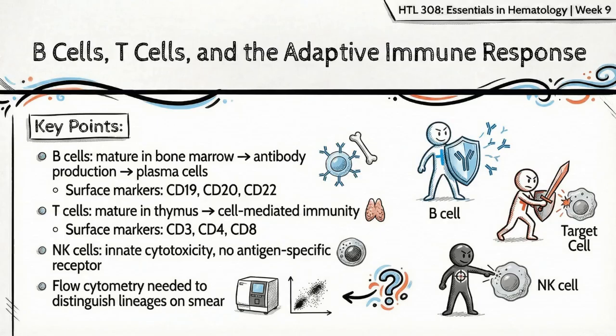But understanding the lineages helps you interpret clinical context. For example, in infectious mononucleosis, the reactive lymphocytes you see are predominantly activated T cells responding to EBV-infected B cells.